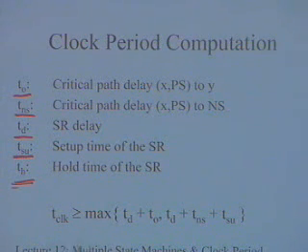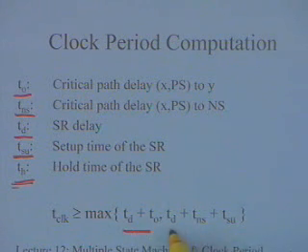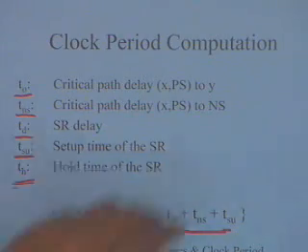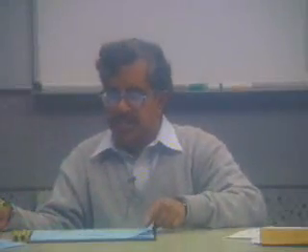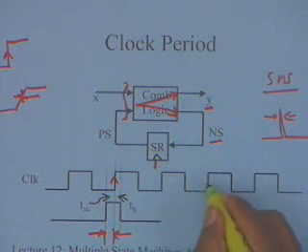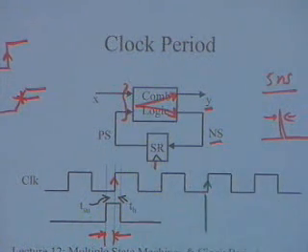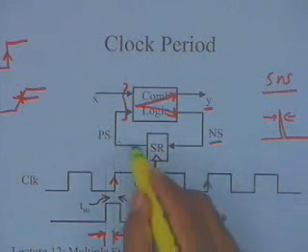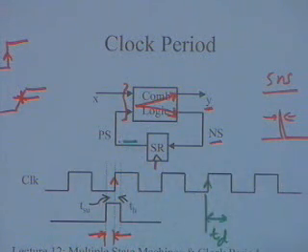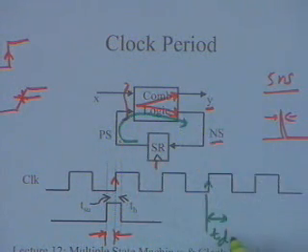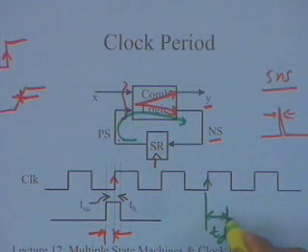Now when it comes to the clock, I have two expressions over here. Let me explain both the expressions. One expression is, after a clock pulse comes, let us say I am talking of this particular clock pulse, after TD time delay, the present state will appear.